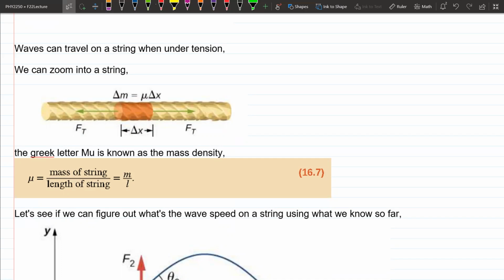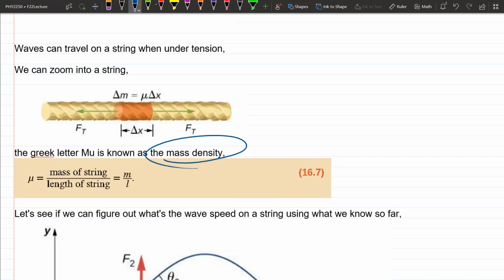On each little tiny segment, delta x, of a guitar string, you have a certain amount of mass. To calculate that mass, you take that little segment width and multiply by this thing called mu, where mu is the mass density of the guitar string, okay?